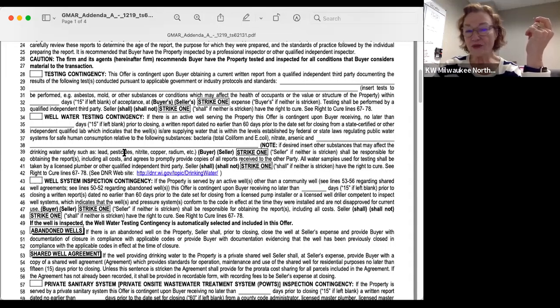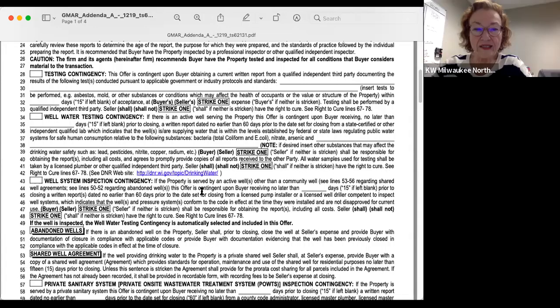Now, there are two different things here: well water and well system. The well system is the pump and the pressure tank. So if the property is served by an active well other than a community well, you can't put in an X here if it's a community well, like for a subdivision. That's under shared wells.